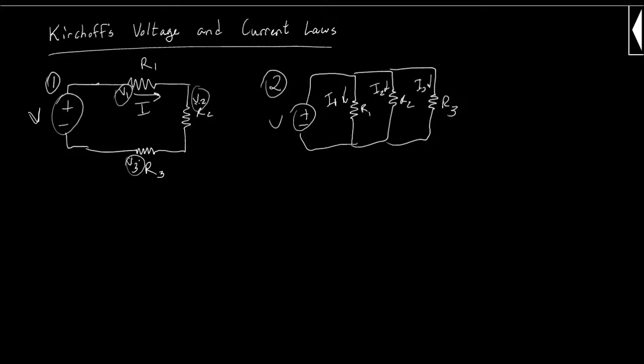So these are all different currents in each of these resistors. However, the voltage is the same across all these resistors. So voltage here is the same as here, is the same as here. And you can find the currents using Ohm's law once again, as we did in the first video.